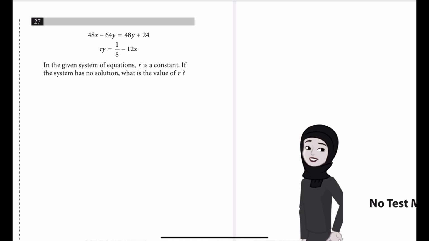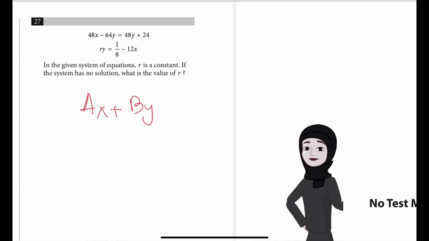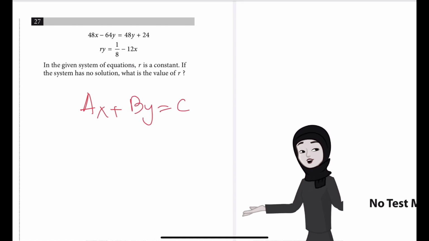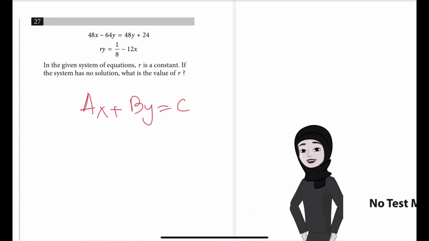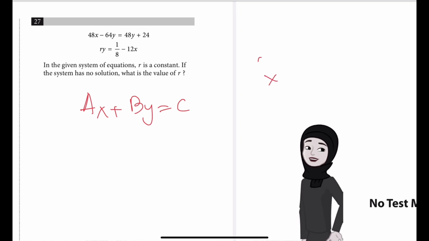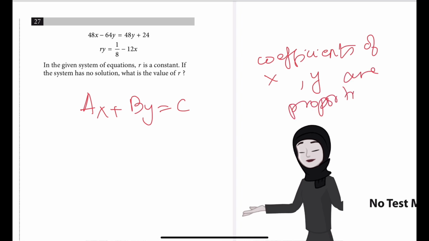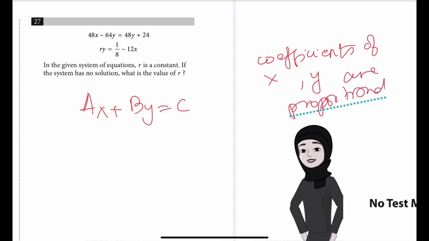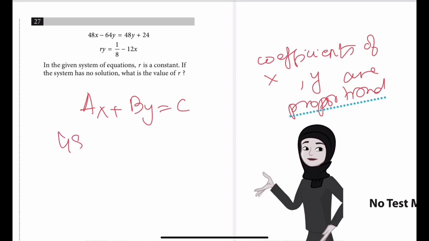The graphs of the two lines are represented by equations in a form very similar to ax plus by is equal to c, though of course we have to rearrange, where a, b and c are constants. They are parallel if the coefficients for x and y in one equation are proportional to the corresponding coefficients for x and y in the other equation. So we can use that method to make it faster.